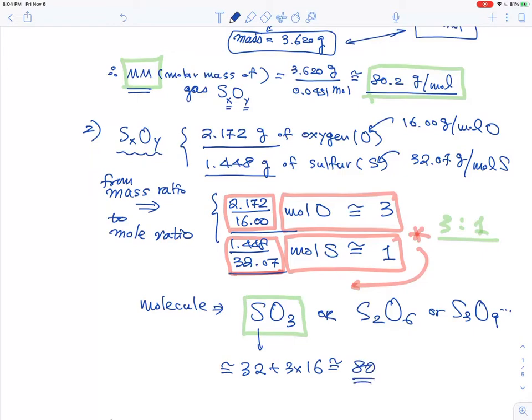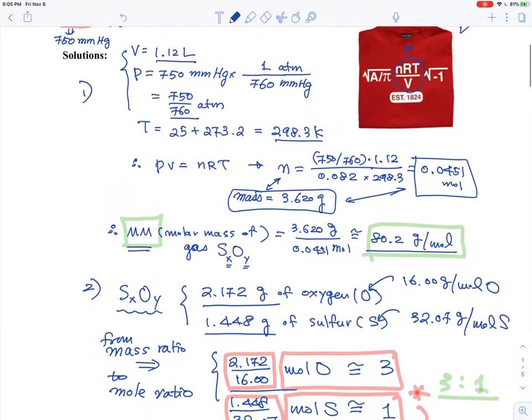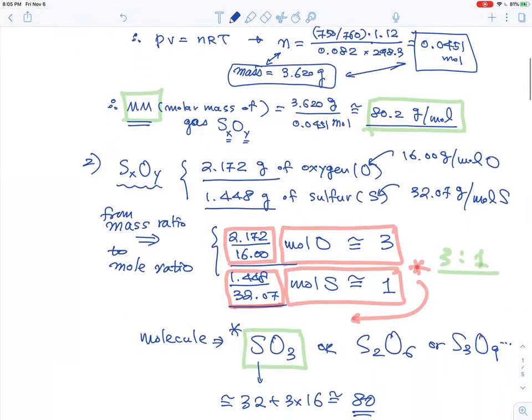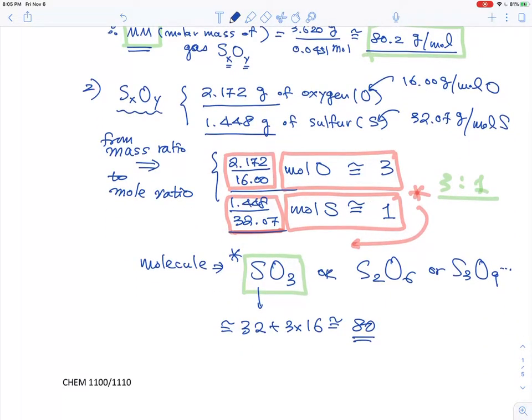So this must be what is known as the molecular formula of this gas. Therefore, the molecular formula of the gas is SO3. Thank you.